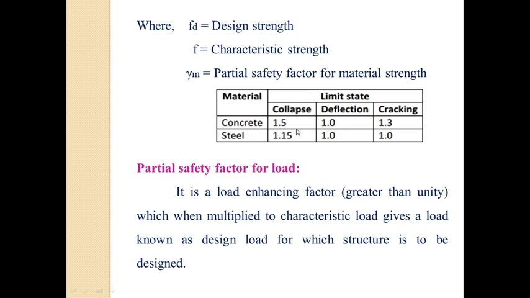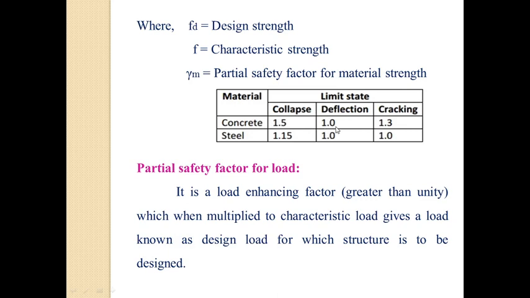Here in this table we can see the materials, that is concrete and steel, and the different partial safety factors for limit state of collapse, deflection and cracking. For concrete, in limit state of collapse, the partial safety factor is 1.5.